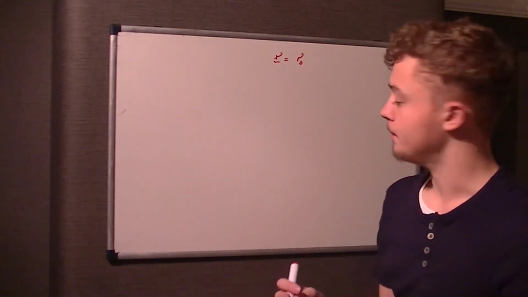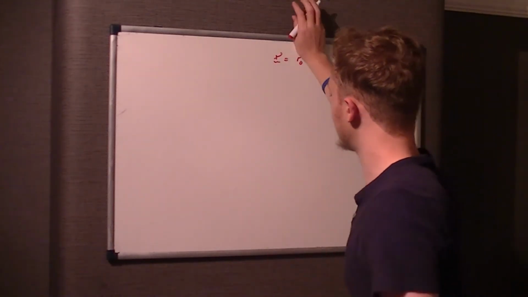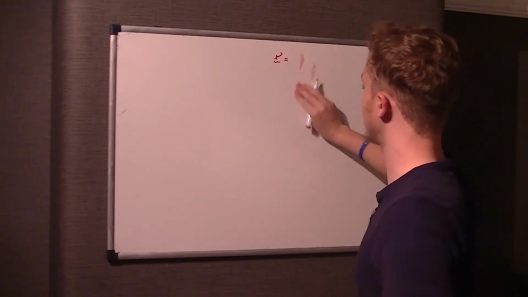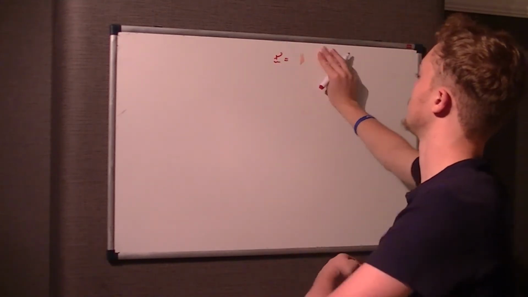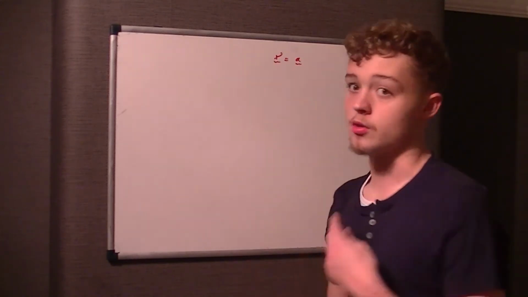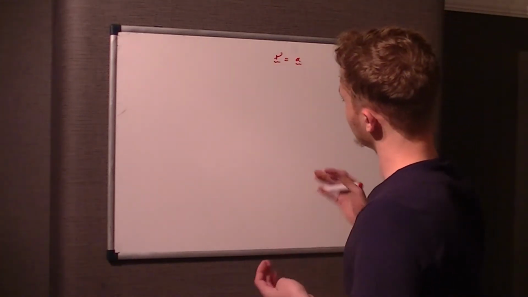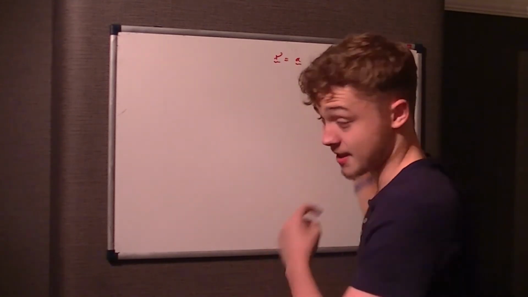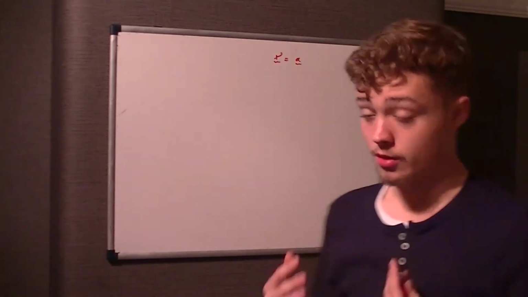Wrong one. Sorry, I'm going to start giving you the wrong equation there. So that's r is equal to a vector a, which is just the vector from 0. It doesn't change.